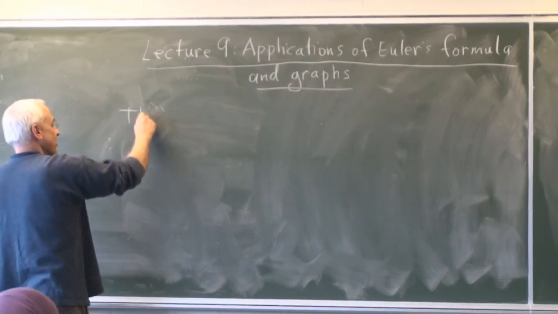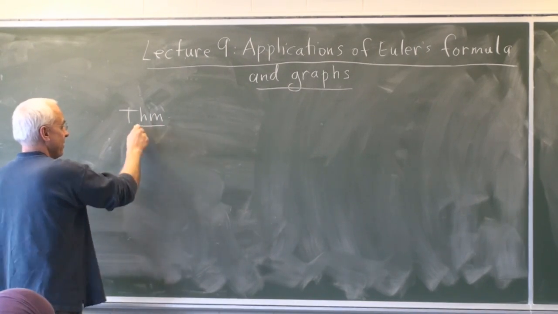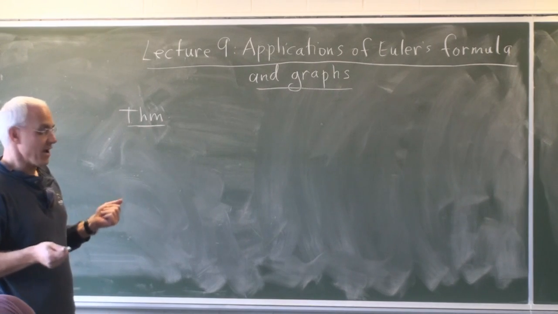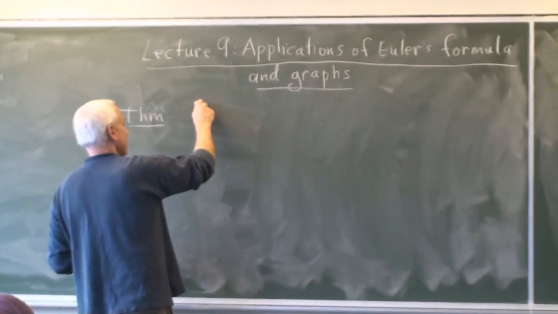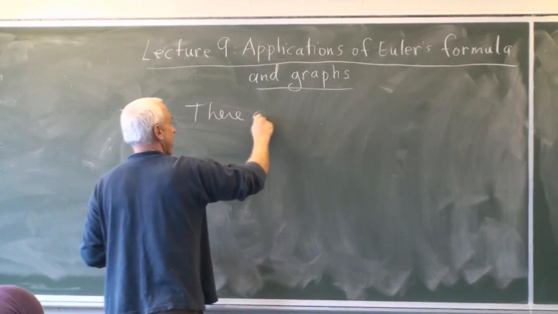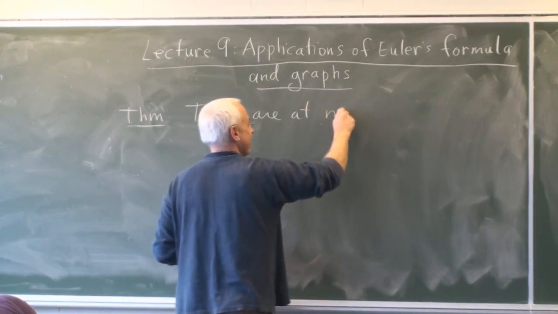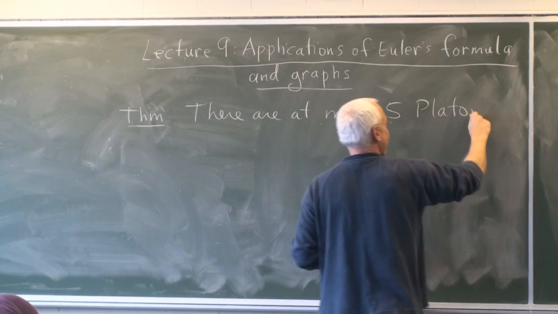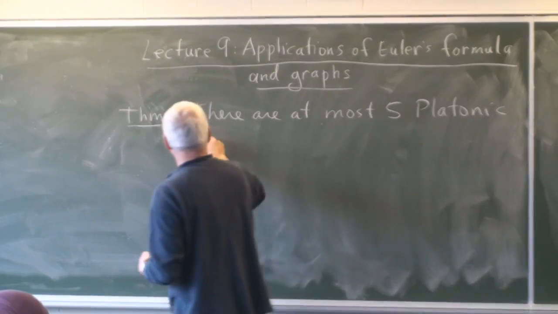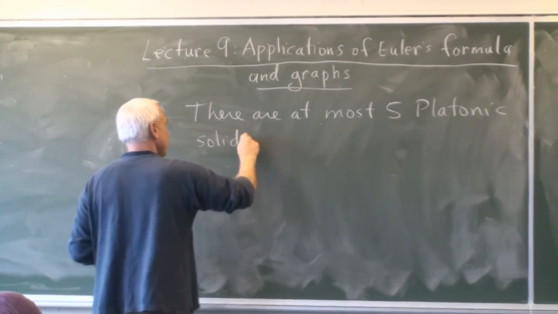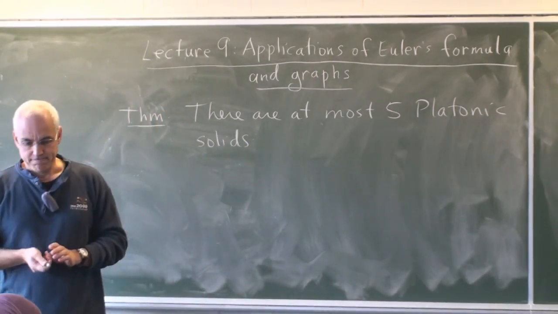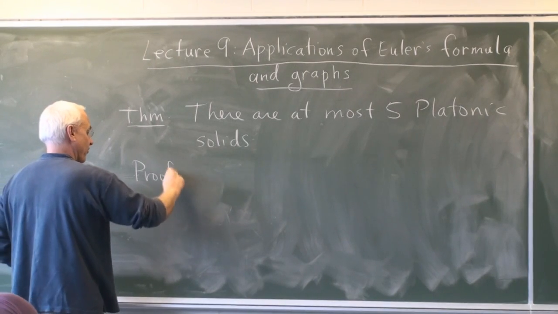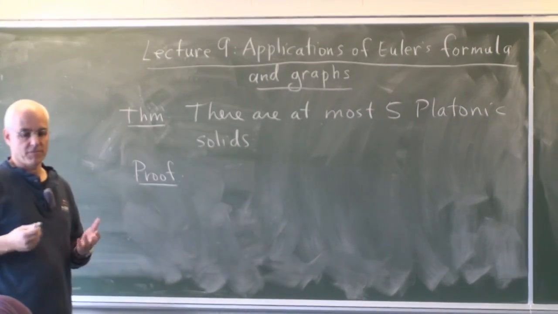All right, so let me start today by applying Euler's formula to the statement that there are really 5 Platonic solids. So the theorem is there are at most 5 Platonic solids. And our proof is going to use Euler's formula.